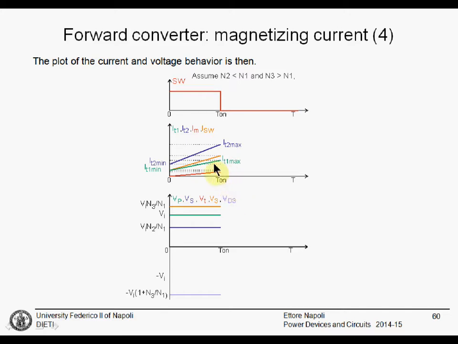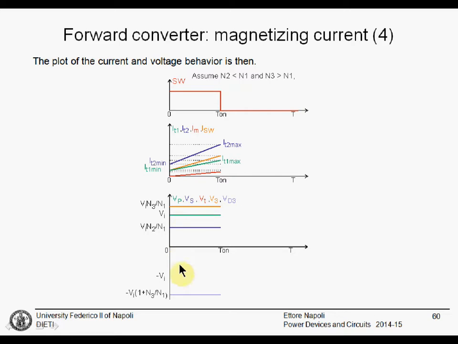This is the green plot. For the magnetizing current, we use the red plot that starts from 0 and arrives to a certain maximum. We assume that this is a very small value. And finally, the switch current will be the sum of IT1 plus the magnetizing current.